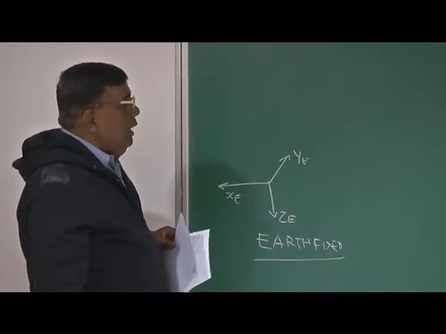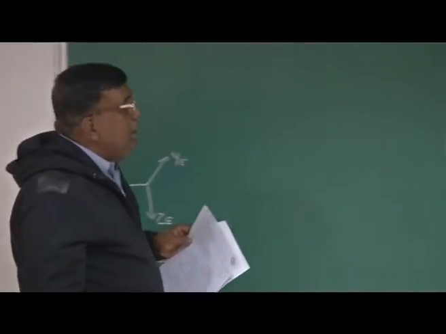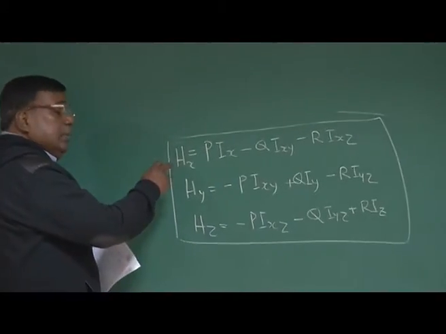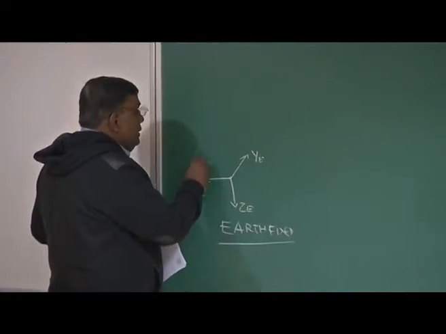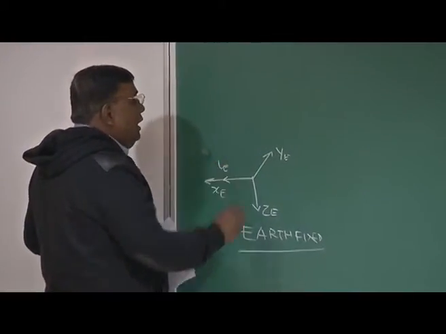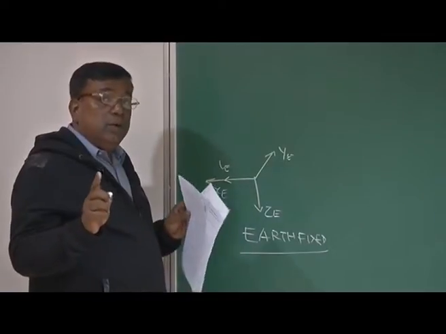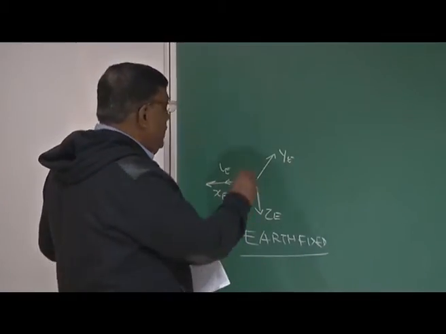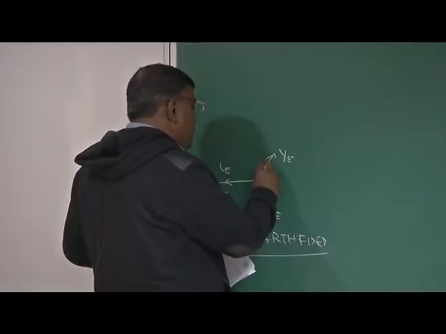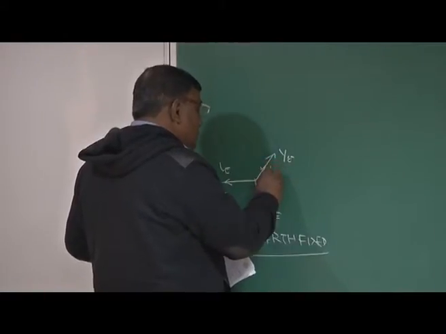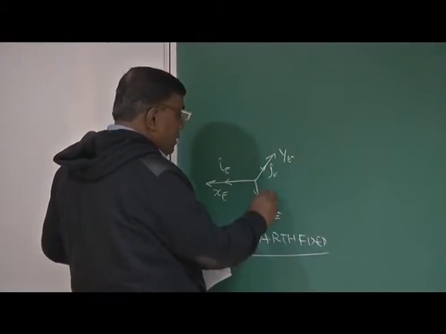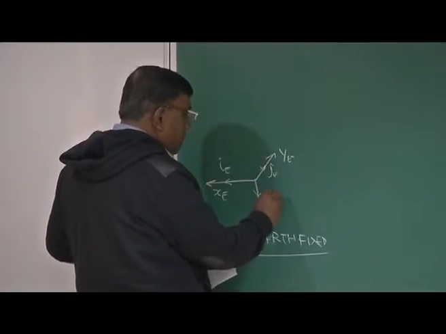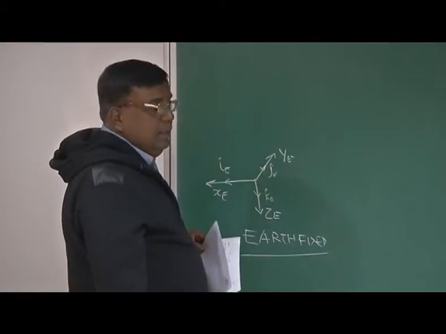Okay? And what is Hx? Hx is the angular momentum of the airplane along the x direction, that is, along the unit vector IE, which is fixed. This is not rotating, right? What is Hy? Hy is the angular momentum along the earth fixed j direction unit vector, similarly the k direction for Hz.